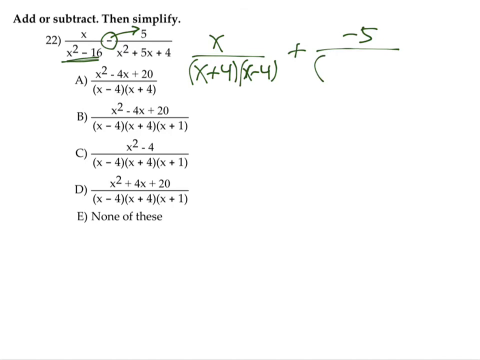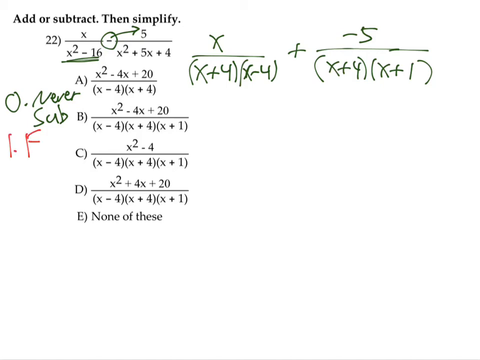Put the minus on the 5. Factor the other one, and it's going to be plus 4, plus 1. So remember, step 0 is never subtract. You move the negative up like we did right there. Step 1 is factor denominators. That's what I did right there.